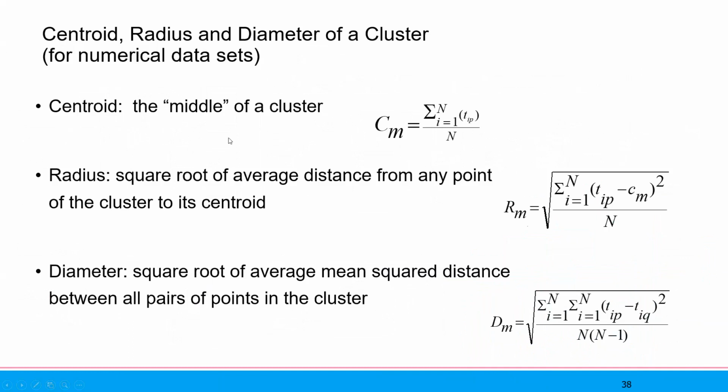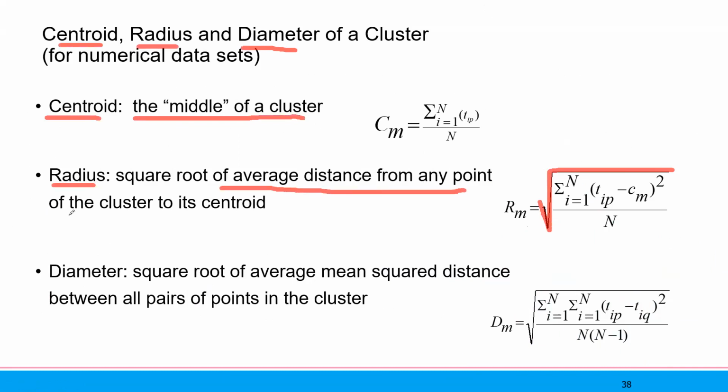We can use other methods like centroid, radius, and diameter. The centroid, you know, it is from the K-Medoids. We can just calculate the middle. The radius means the square root of average distance from any point of the cluster to its centroid.